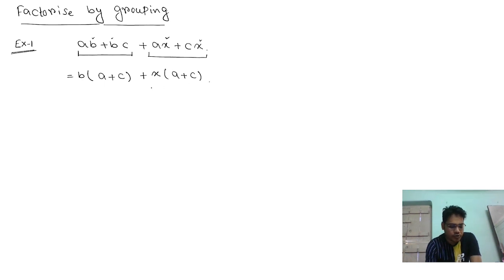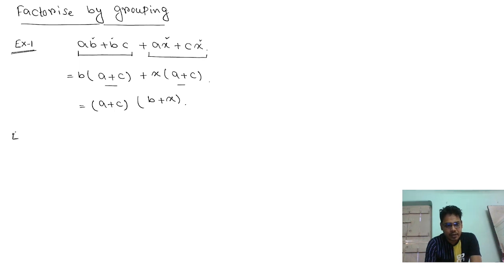Now if you look closely, you can see A plus C is common in these two cases. So here A plus C take common. The first B is left and the second X is left. The answer will be (A plus C) into (B plus X). So here we did the factorization by grouping.